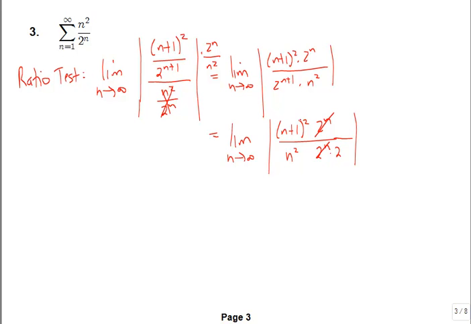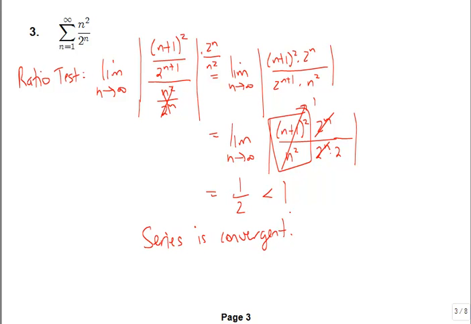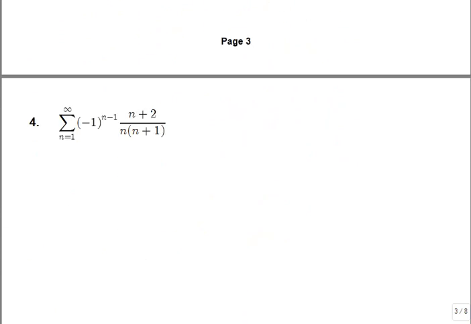So these will cancel. This goes to 1 because it'll be an n squared over an n squared, and we'll have that 2 left in the bottom. So the whole thing goes to a half, which is less than 1. So that means the series is convergent. As long as this limit exists and is less than 1, you will be convergent by the ratio test, and you're absolutely convergent.